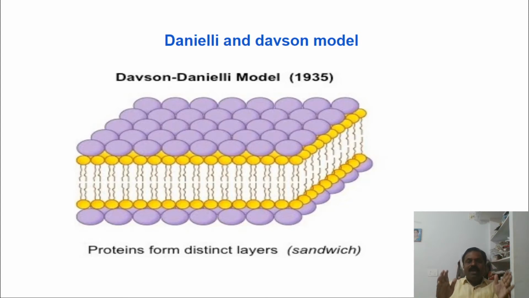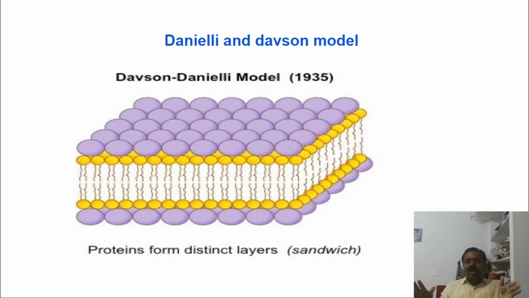The plasma membrane is made up of three molecules: proteins, lipids and carbohydrates. The arrangement of these three molecules is explained by different scientists with different models. There are many models, but now let us discuss four mostly accepted models.